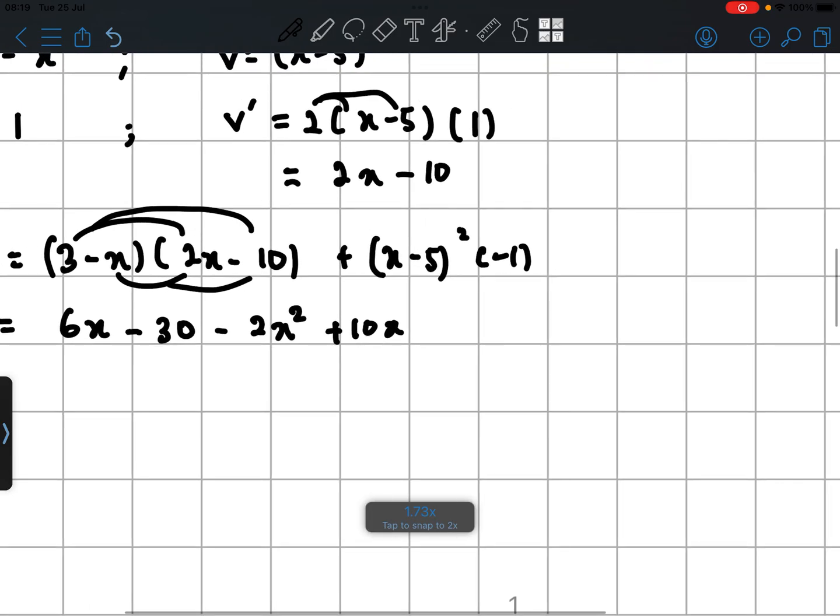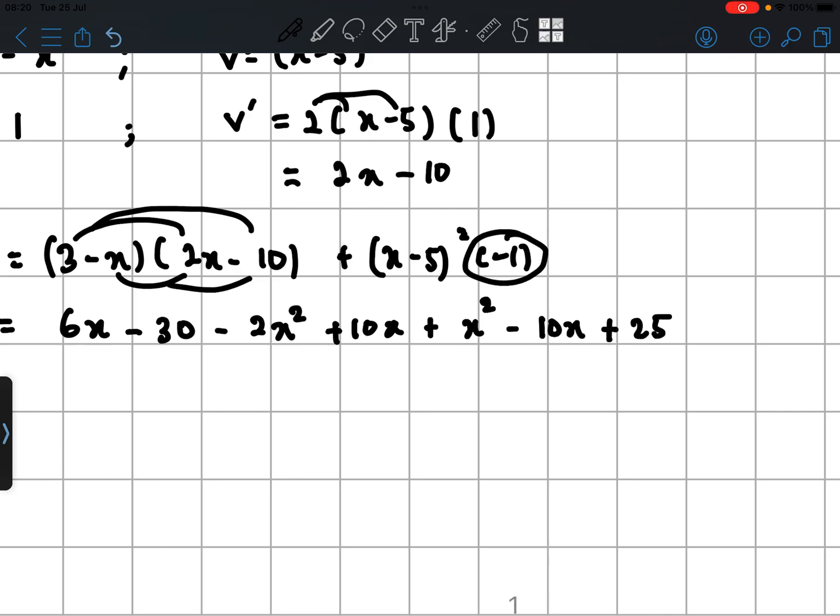Okay, then you expand these two, so you have plus x squared minus 5 times 2 times x, which is 10x, plus 5 squared is 25, but you need to times with minus 1, so the sign changes. So this becomes minus, plus, this is minus.